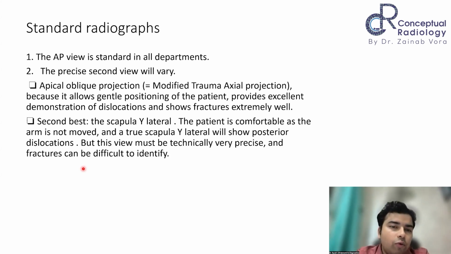The second best would be the scapula Y view, Y lateral view. This works as long as the patient's arm is not moved and the patient is comfortable. This Y view is a little easier to interpret if you are considering the dislocations, because you can just say whether it is anterior or posterior, depending on the relation of the humeral head to the scapula.